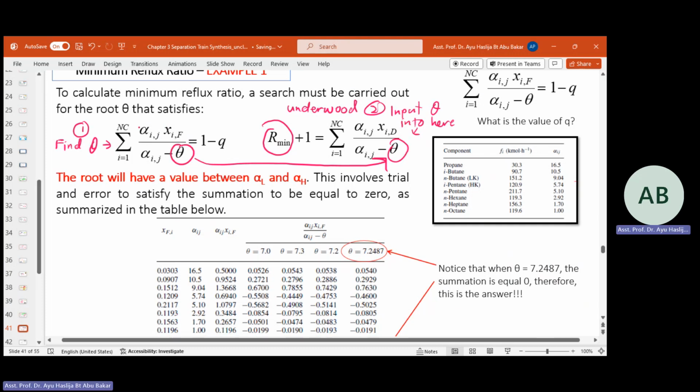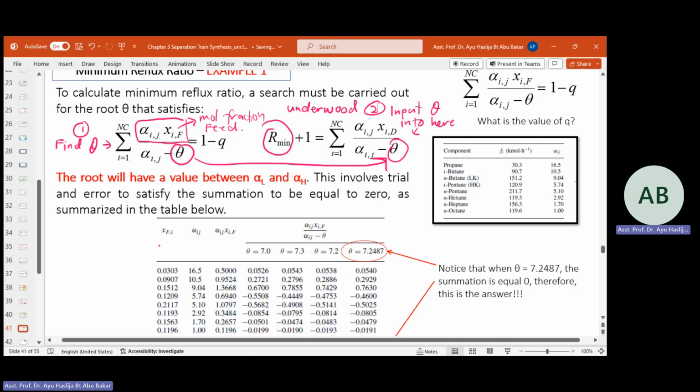From this equation, you will need the relative volatility on the top part over here, multiplied by the xiF. What is that? Just now xiD and xiB. Now xiF, the mole fraction of the feed. Okay, xiF is the mole fraction of the feed. Now you need to get the info of the mole fraction.